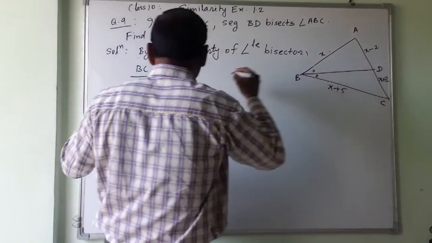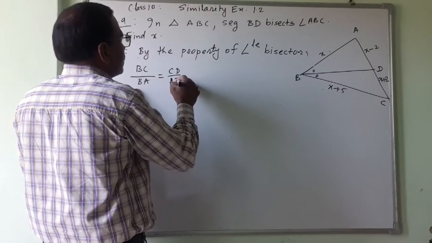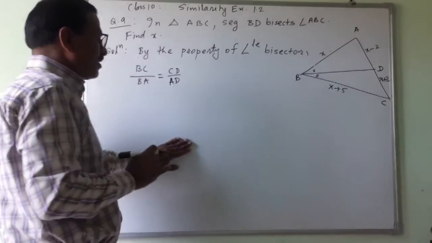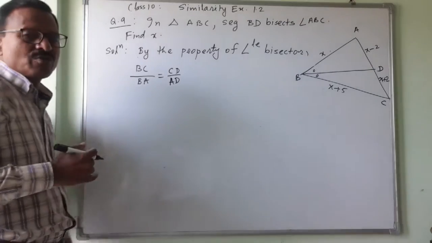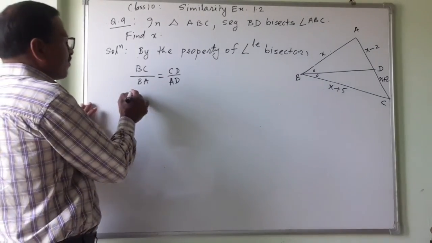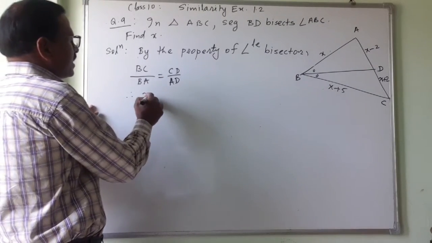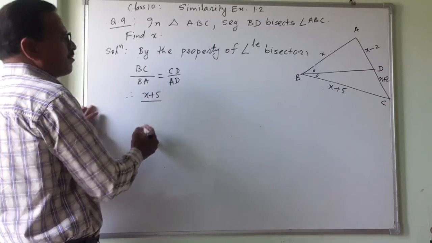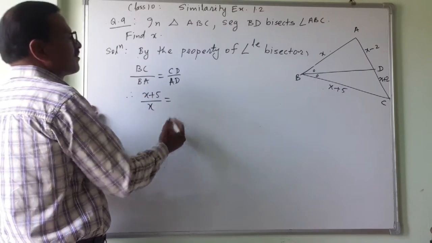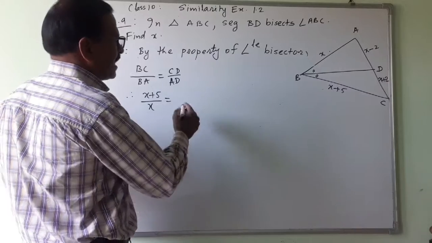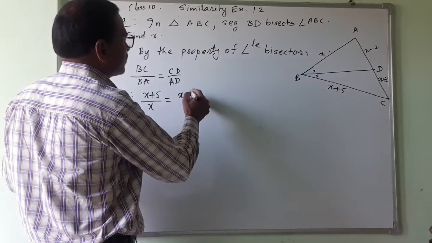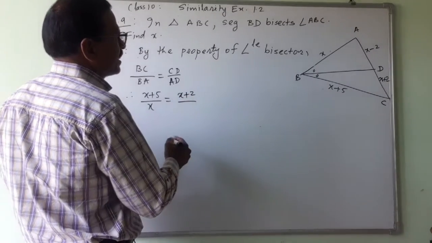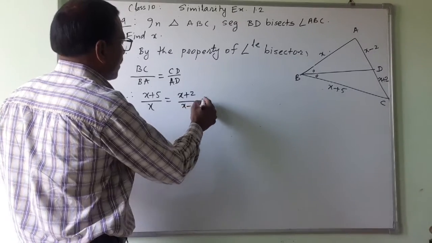So from A to D. If you make the habit like this, in the examination also you won't forget this. Therefore, BC is x plus 5. BA is x. CD is x plus 2. And AD is x minus 2.